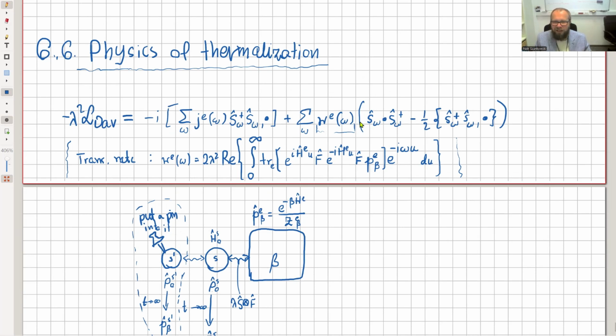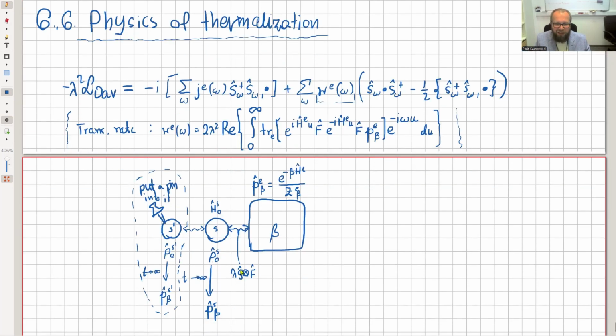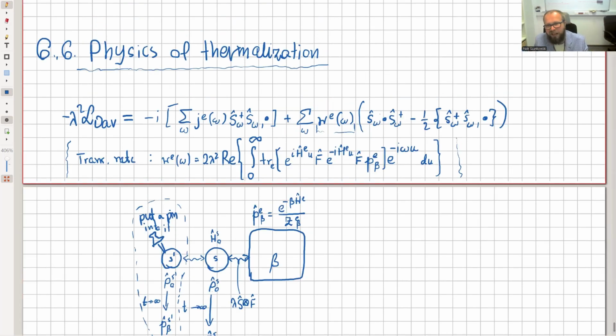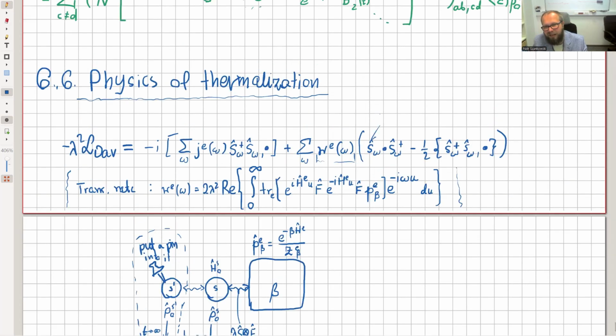For example, we have a coupling operator, a coupling of this form, S on the side of the system, F on the side of the environment. And what actually enters the dynamics are these frequency decompositions of our coupling operator.